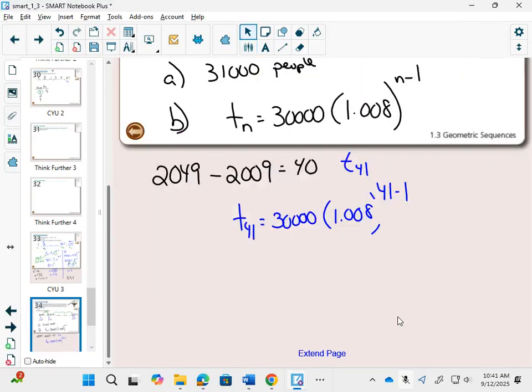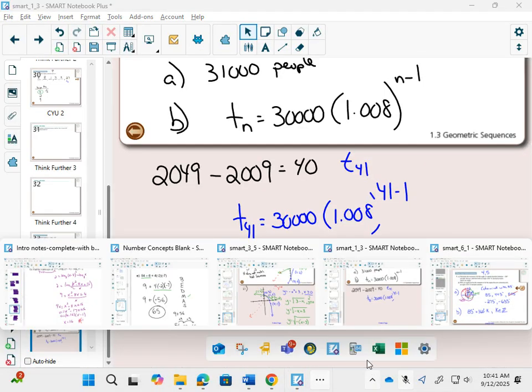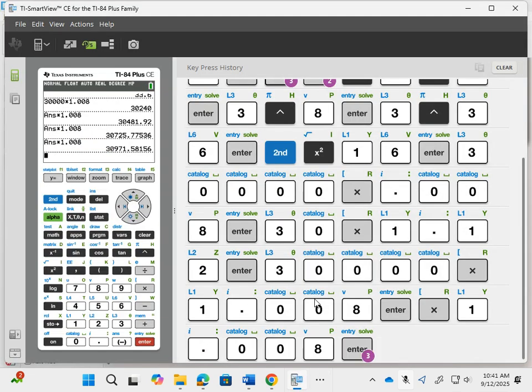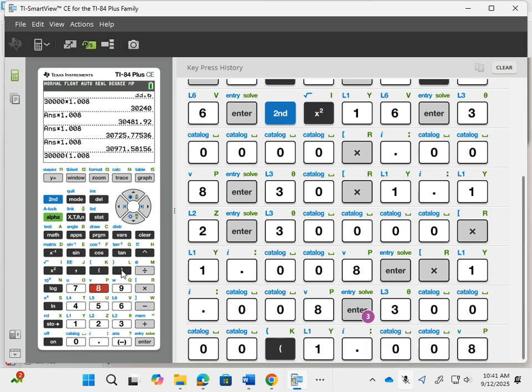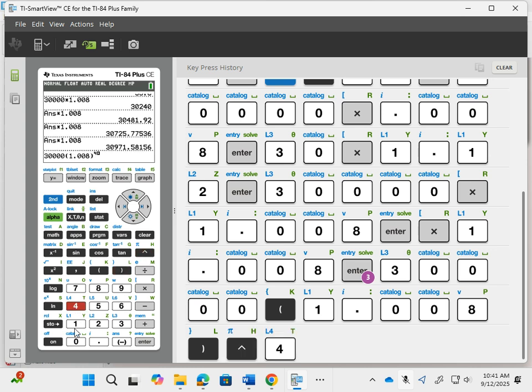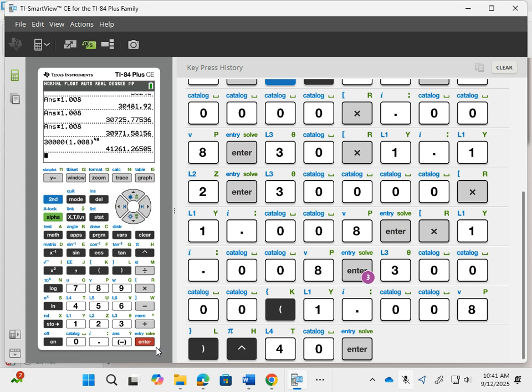I can go to my calculator and type this in. 30,000 times 1.008 to the exponent of 40, 41 minus 1, is 41,261, rounded to the nearest thousand would be 41,000.